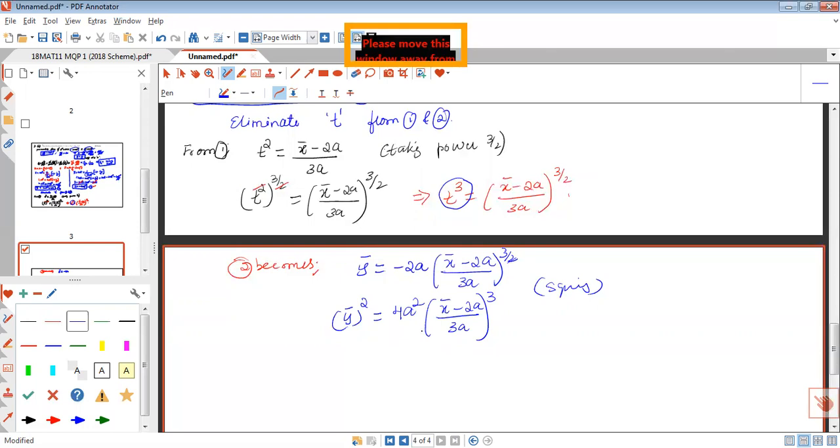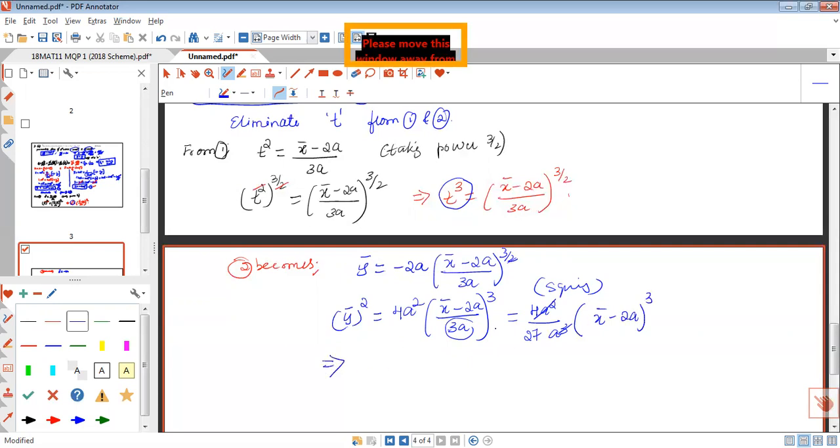Or you can write this as 4a square divided by 3 square, okay? 3a the whole square. 3 power 3 is 27, a power 3, and again a square cancel, a remains, x bar minus 2a the power 3.